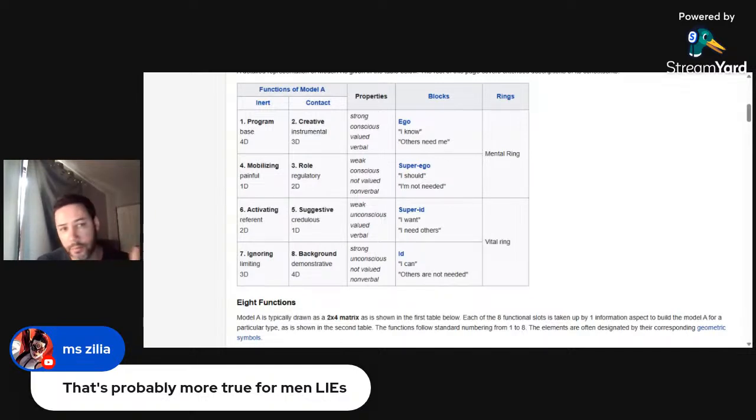Alexander the Great, same kind of thing, exactly the same stuff. All three of them SLEs, all three of them known for conquering and being tough, being leaders, and also eventually known for having that NF poetic side to them too. These are all examples of how we should be able to see the mental ring stuff that they're always good at. And over time, these individuals grew into the vital ring stuff.